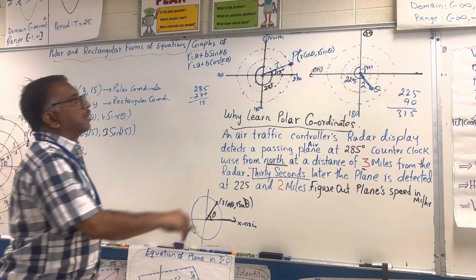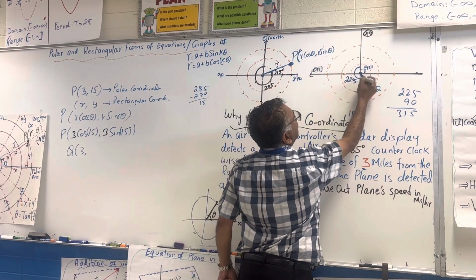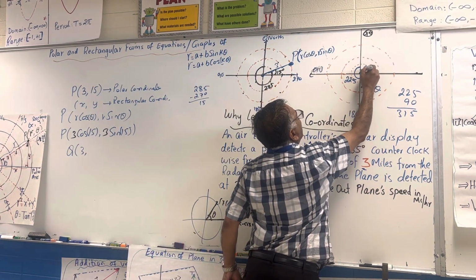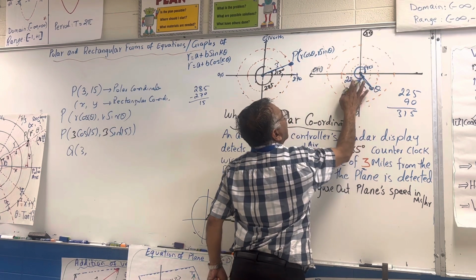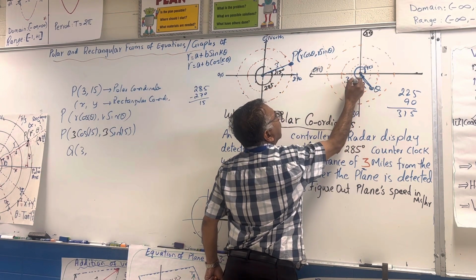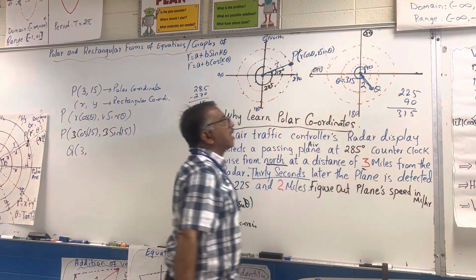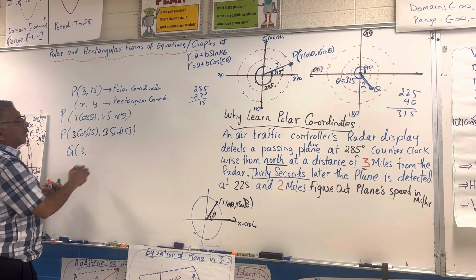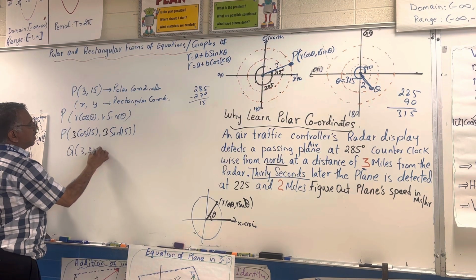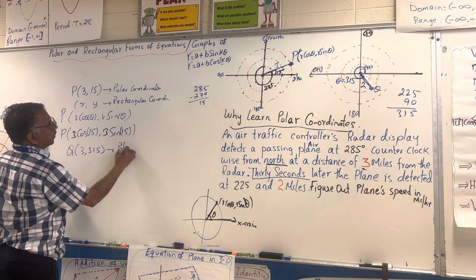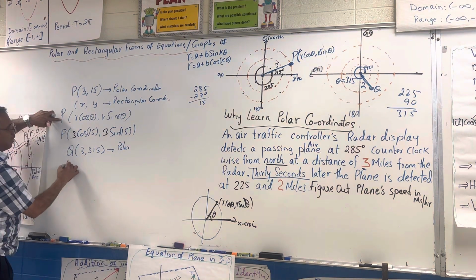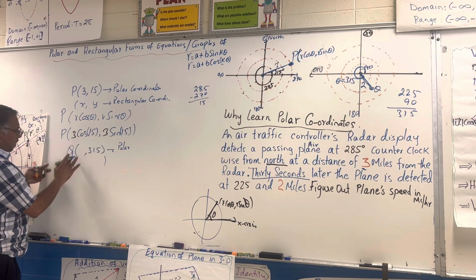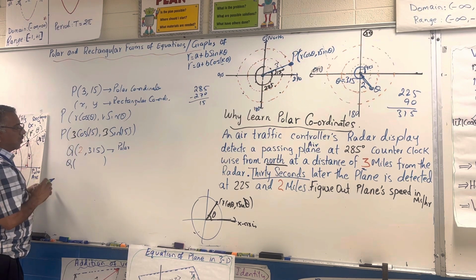Even though this is 225, we want the angle all the way from here to here. So your theta is 315. So I'm going to write 2, and the angle is 315. These are polar, and then the Q in rectangular, so this is 2.